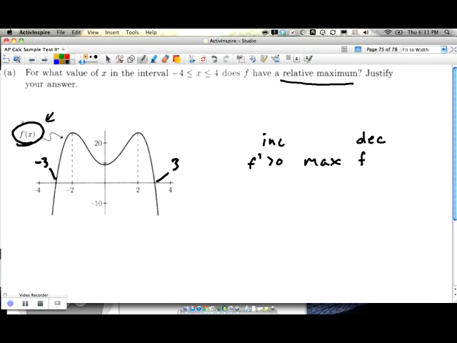When does that happen? It doesn't happen here. It's 0 here, but it goes from negative to positive. It does happen, however, on the other side when it goes from positive to negative.